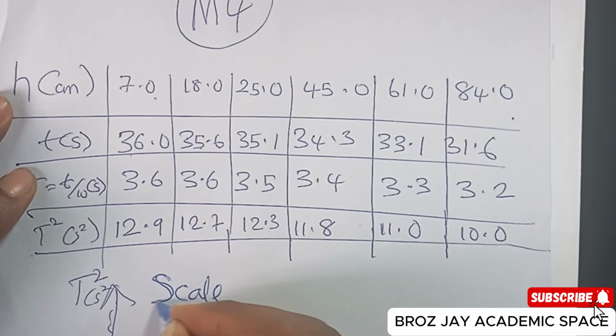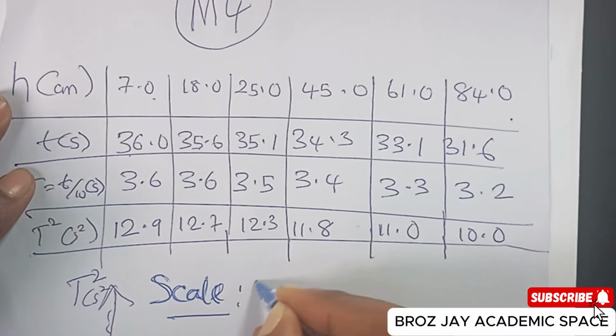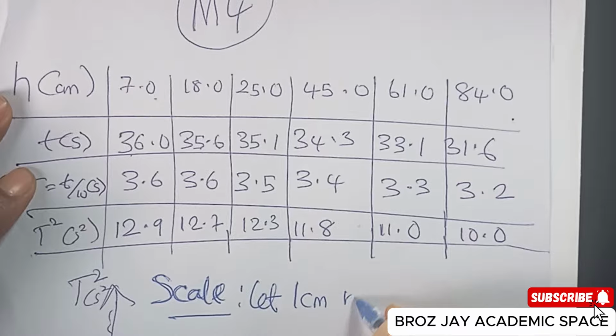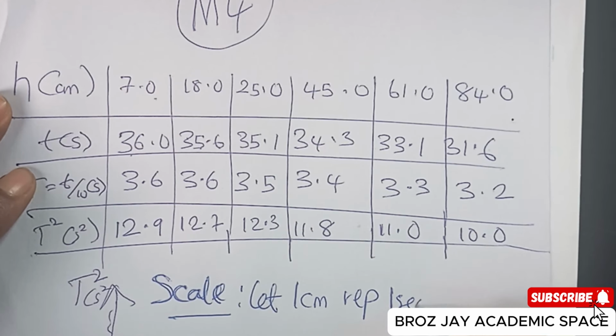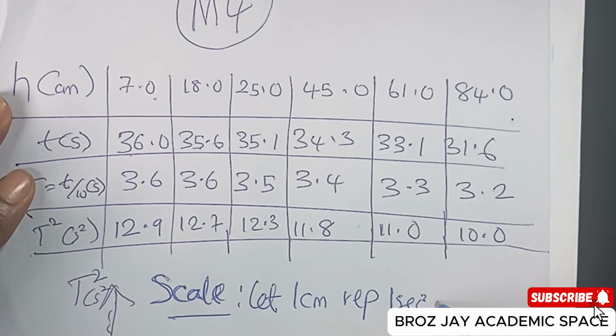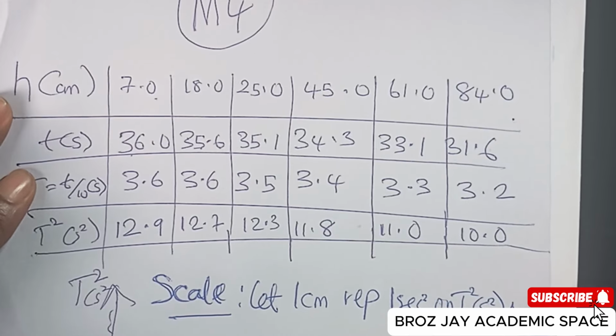Let 1 centimeter represent 1 unit. But instead of putting unit, we'll put second square because that's the unit of our quantity on the vertical, t square second square axis.